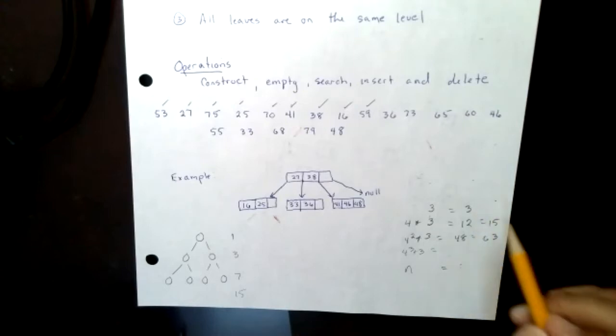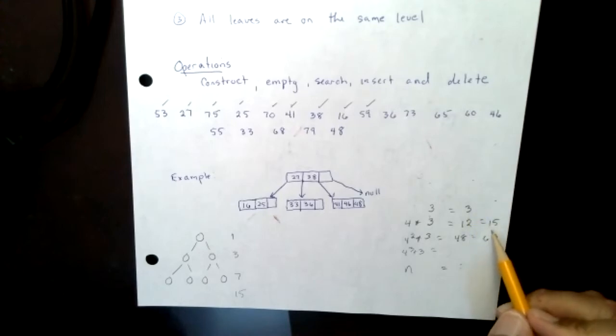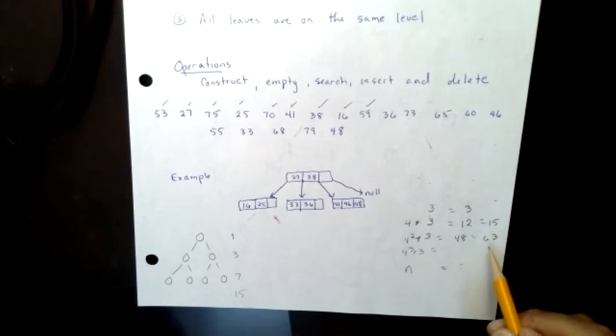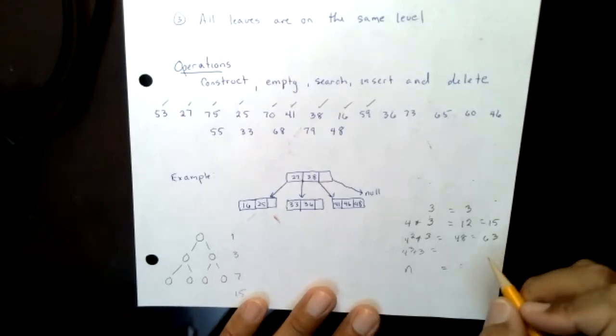I'm doing this: 4 to the first power minus 1. 4 to the second power minus 1. 4 to the third power minus 1. So 191. So 4 to the fourth power, you say it's 191?